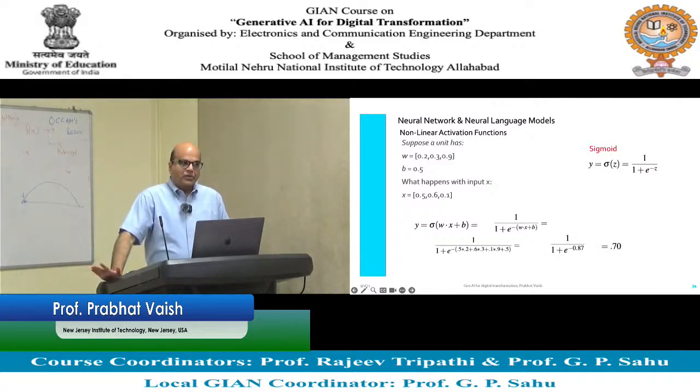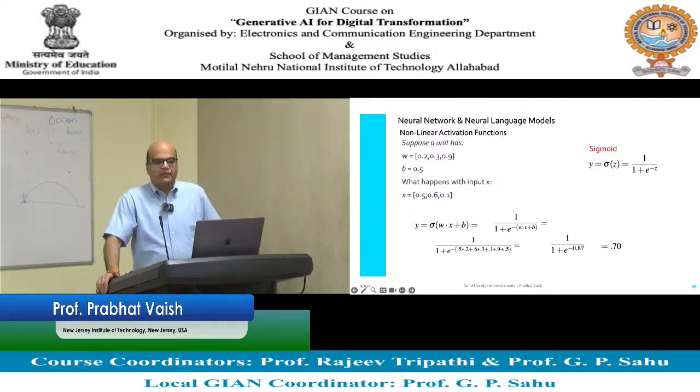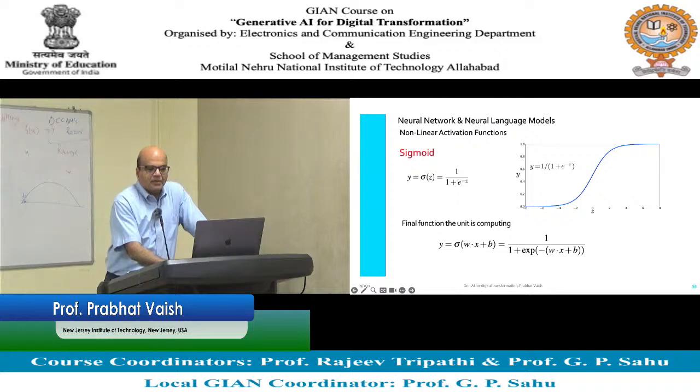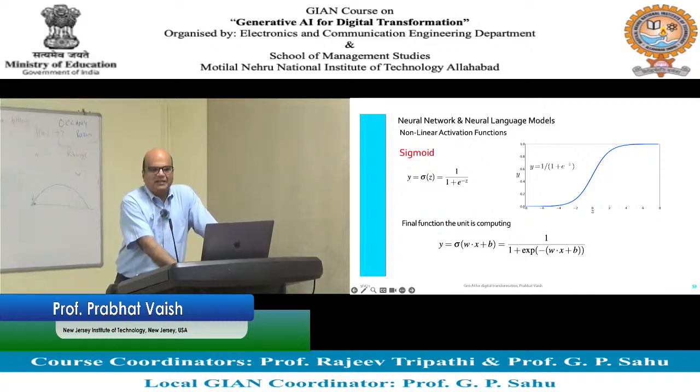So far so good. So you now understand how the simple mathematics is functioning here for each neuron, given inputs, weights, bias, output, and a sigmoid function. Is sigmoid the only function that you can use? Right.